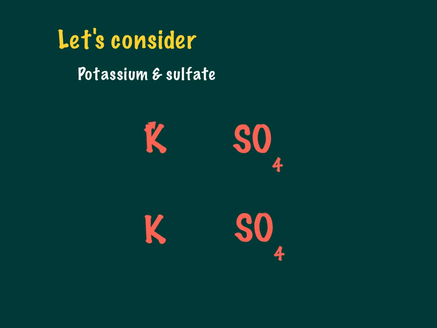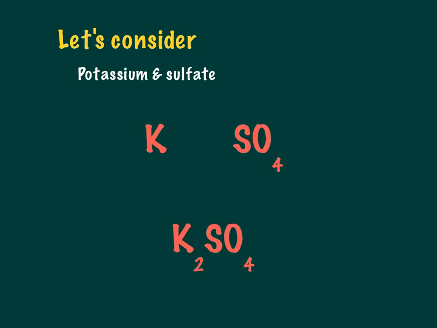Potassium's combining power is 1. So when we put them together, we take the combining power of 2 from sulfate and put it behind potassium. So now that says I've got 2 potassiums, and the combining power of 1 goes here, so we've got 1 sulfate. So 2-to-1 is my ratio.